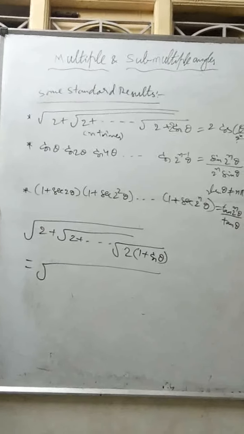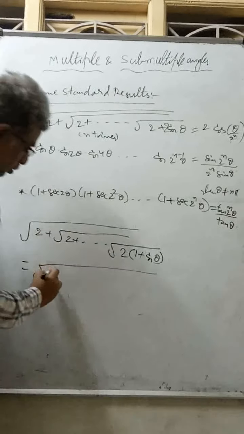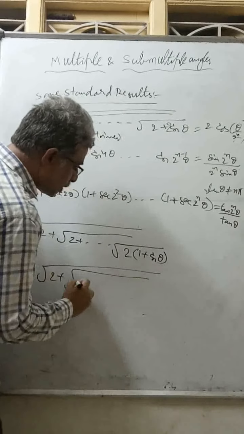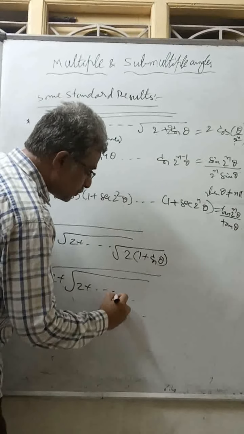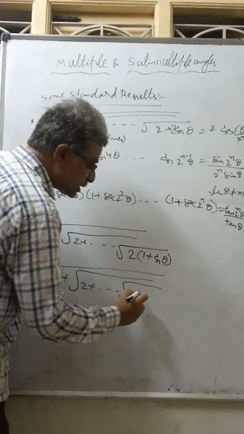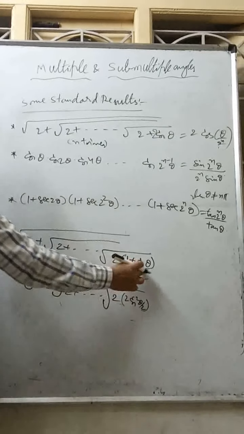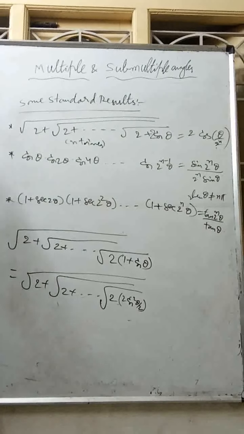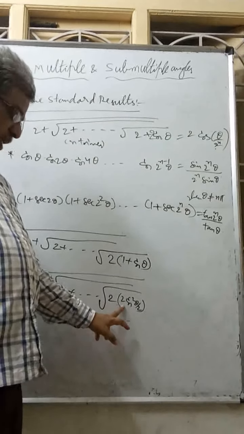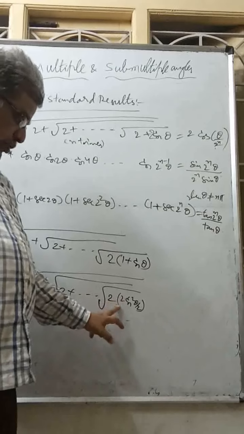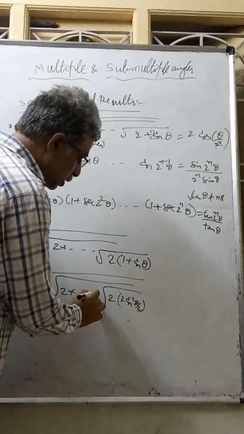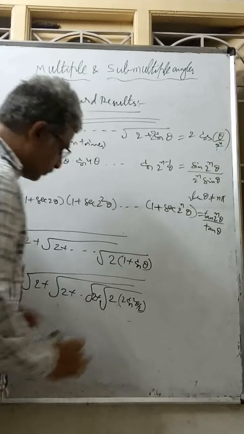Now 2 plus root of 2 plus and so on, root of 2 into 1 plus cos theta, I can write 1 plus cos theta as 2 cos square theta by 2. Now 2 into 2 becomes 4. Root 4 is 2. So again now this becomes like, here there will be root of and so on.